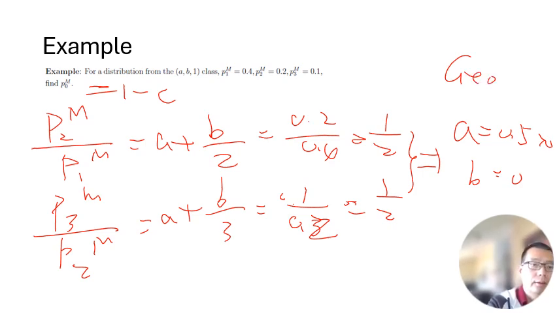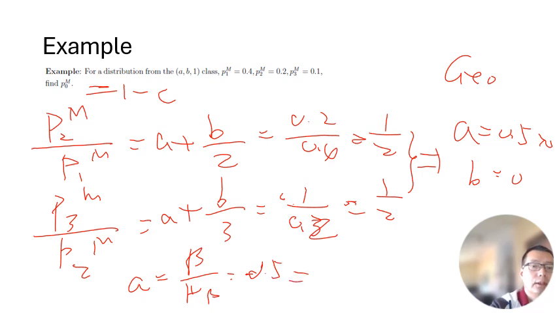And A will be equal to beta over 1 plus beta, which is 0.5, which tells us beta equals 1.